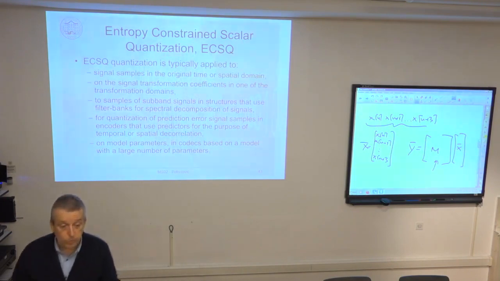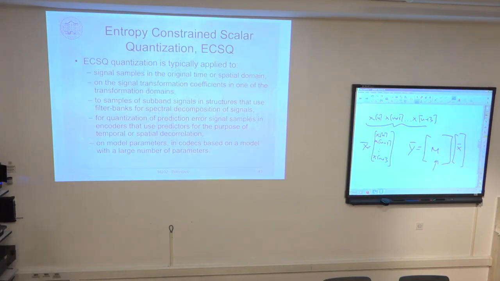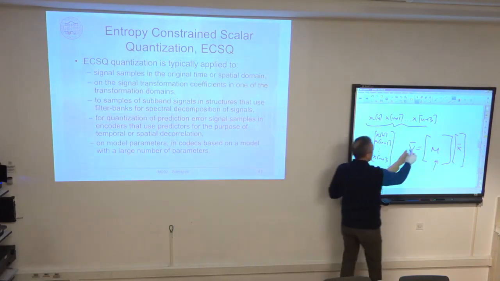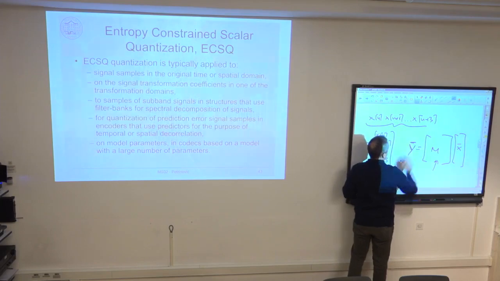So instead of using a scalar quantizer to quantize individual values in this sequence, x of n, x of n plus 1, and so on, you would first transform this vector into another vector, and you would design a new quantizer for each individual element of this y vector.